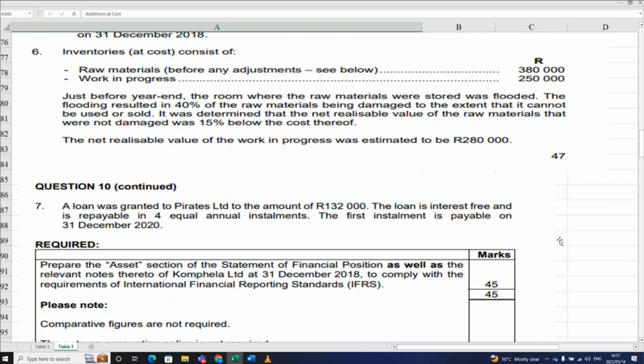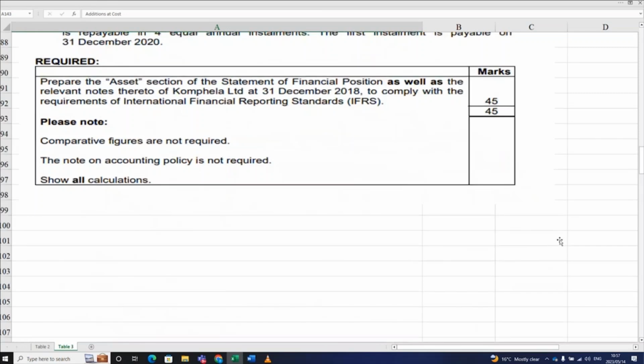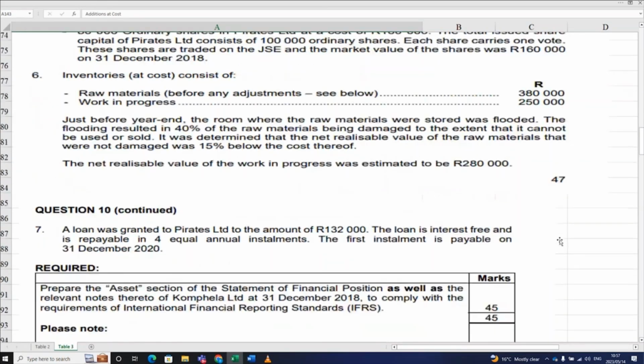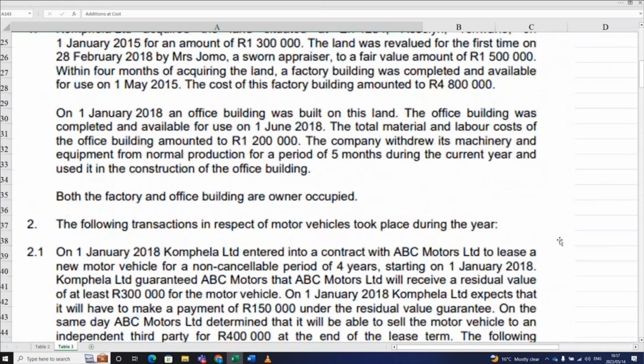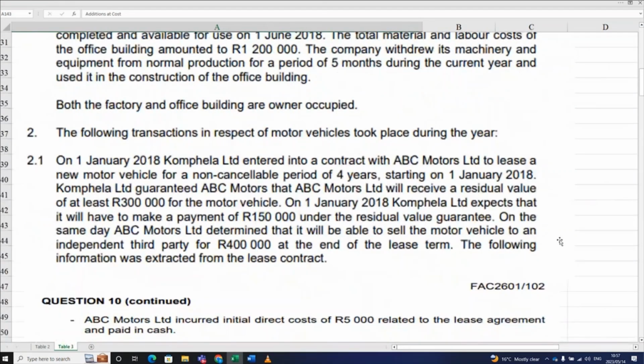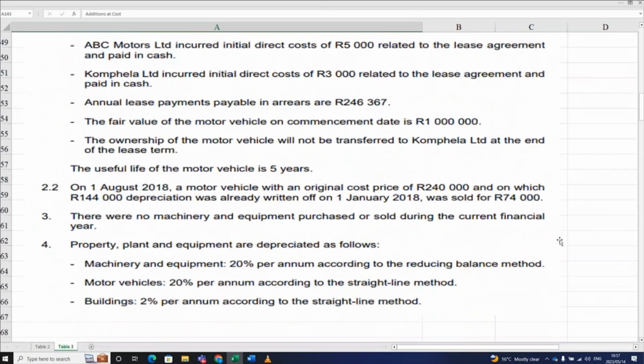Okay, so you know what I normally do, is that after having read the notes, I can already see which items are less complicated.